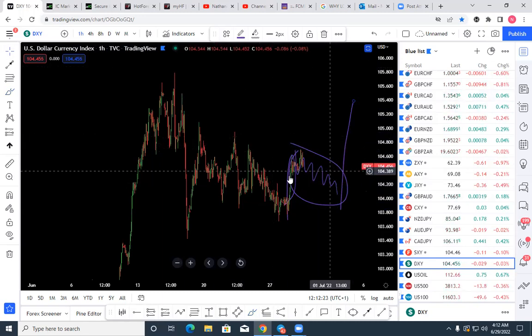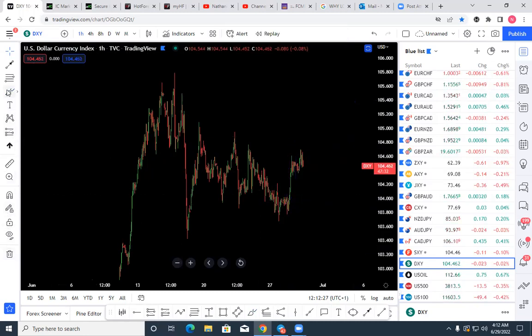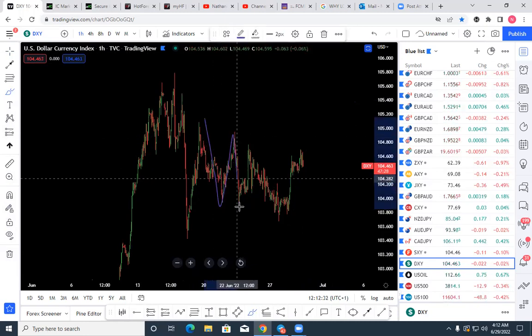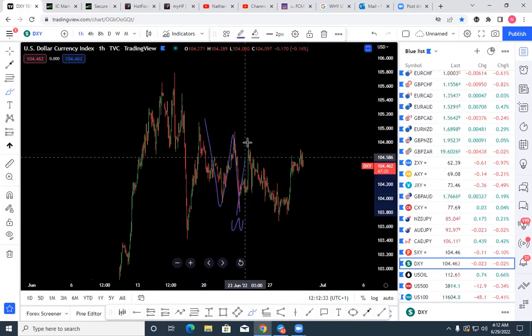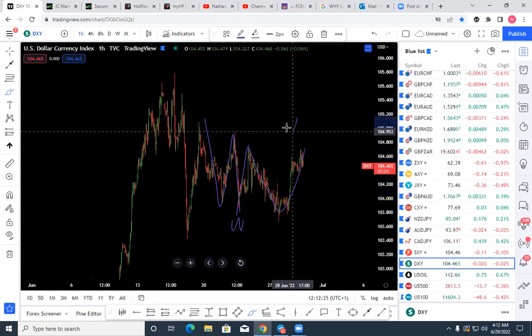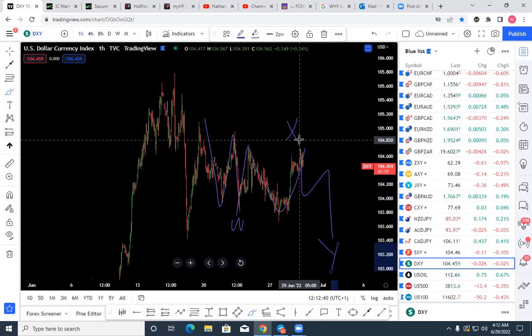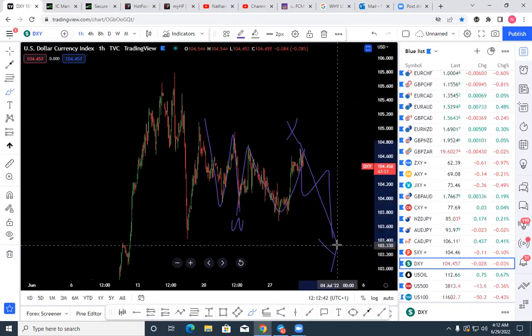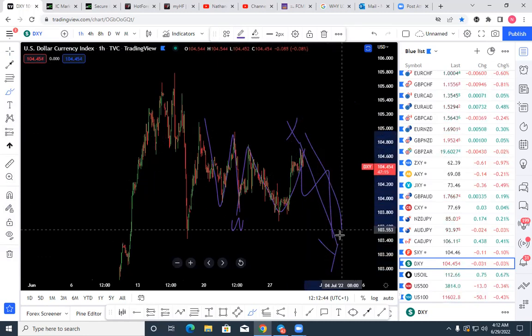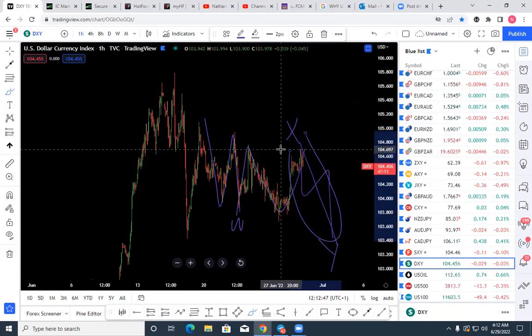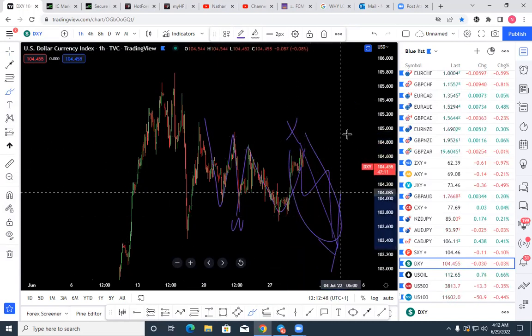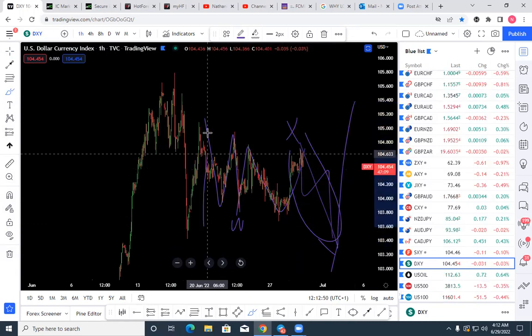What I mean is this: we want to see whether this structure, W, X, and then Y, will stand. Then on DXY, nothing will happen in the market until this move is over.